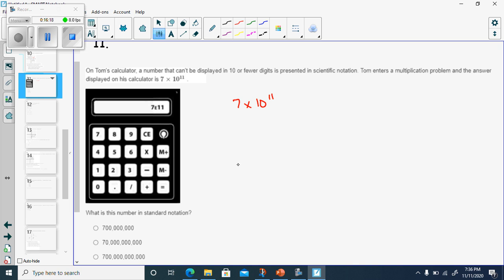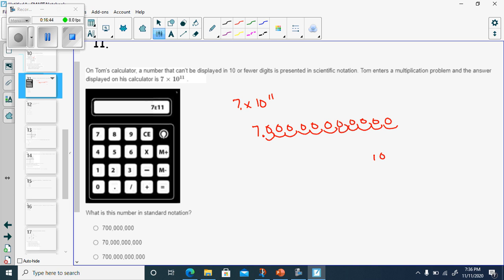Now, they want this in standard notation. When I'm multiplying by something times 10 to the 11th, I'm moving the decimal 11 places. There's an understood decimal there, so I need to move it 1, 2, 3, 4, 5, 6, 7, 8, 9, 10, 11.